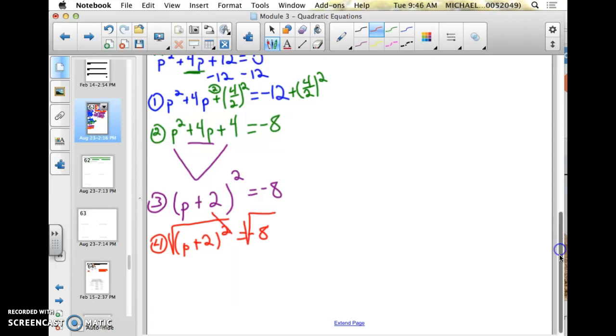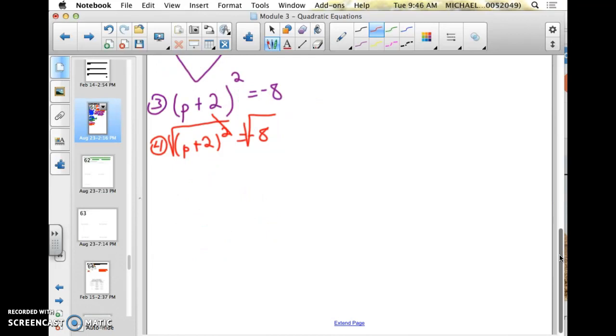Now if you notice, we're taking the square root of a negative. Keep that in mind. So I have p plus 2 left over equals the square root of negative 8, and 8 is not a perfect square. We've been working with perfect squares before, so I have to break down 8 into 4 and 2, and then 2 and 2. So a pair of 2's comes out, a 2 is left over because it didn't have a pair.